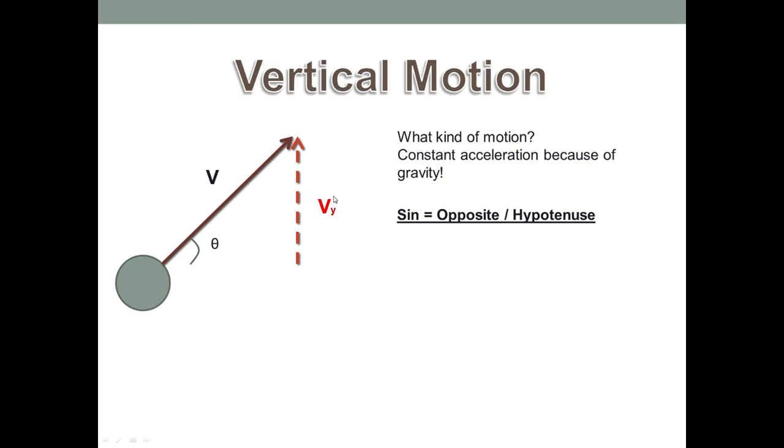So what we do is use sine, which is opposite over hypotenuse in a right angle triangle. So sine of theta is opposite, which is v of y, divided by hypotenuse, which is v. We have sine of theta, we don't have v of y, but we have v, so we cross multiply, and we get v of y is equal to v sine of theta. And acceleration, we already know it's equal to gravity, which is negative 9.8 meters per second squared.